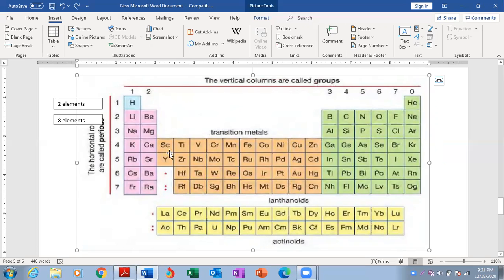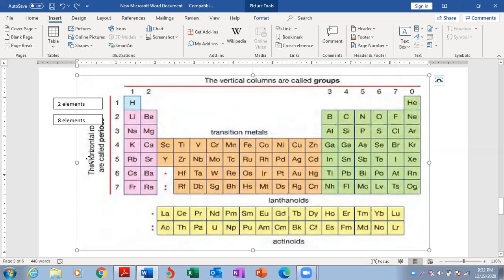Okay, 18 elements. How can you say that? So we are just going to calculate. 1, 2, 3, 4, 5, 6, 7, 8, 9, 10, 11, 12, 13, 14, 15, 16, 17, 18. Oh, that's good. Means the 8 elements, and among these elements there are orange colored 10 elements.